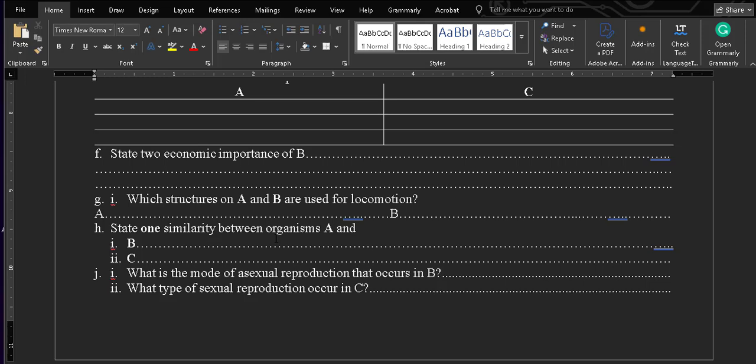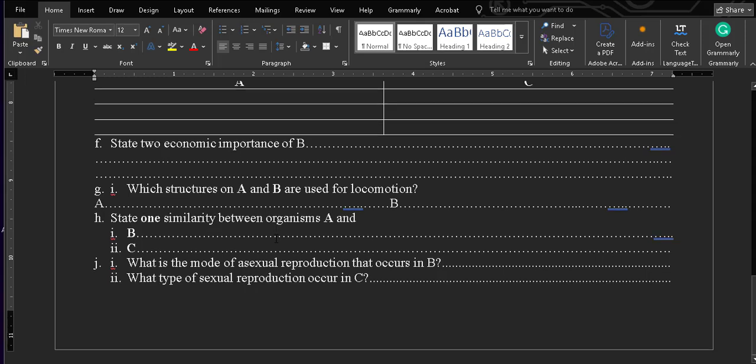So for similarity, they are all cells. So we know that they are likely to have a nucleus, yes. Cytoplasm, cell membrane will be there. So we can always go for that. Of course, the same applies to the similarity of A and C.